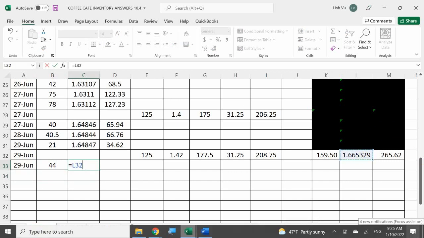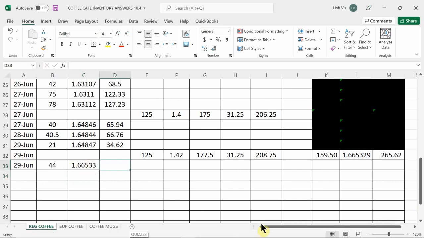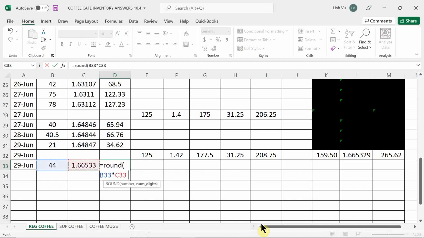How much is the total cost of goods sold? $73.27.